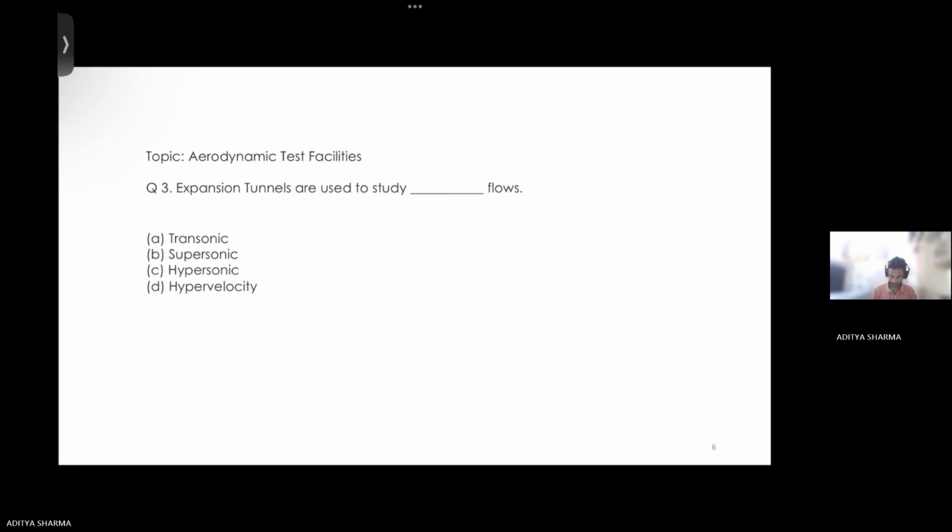So let's see the setup of expansion tunnel first, and then we shall answer this question.